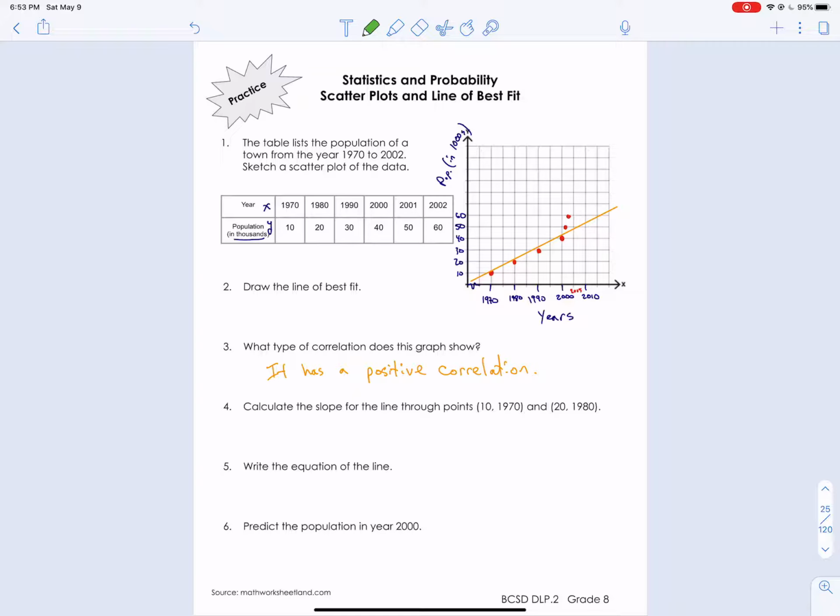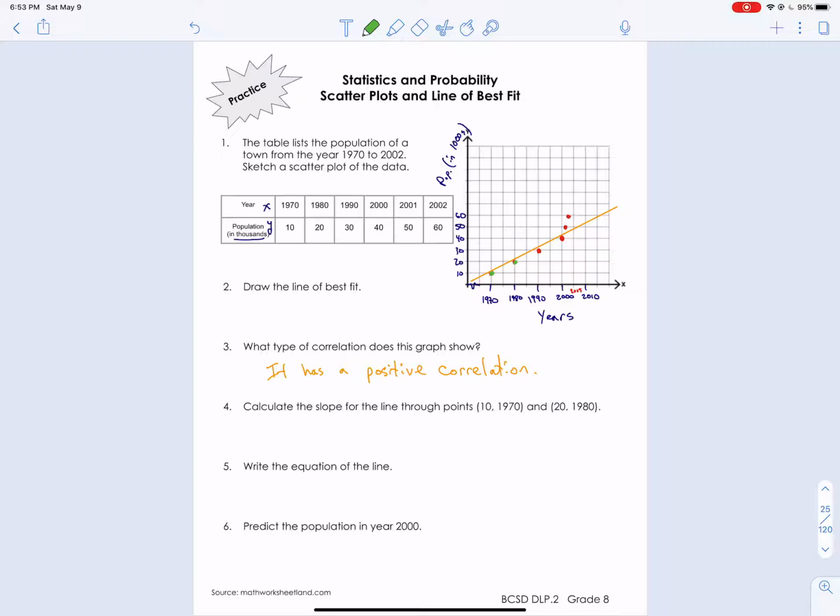Okay, so the 1970, so this point here, I'm trying to put it in green, and then 1980 and 20. So we want the slope between these 2 points, not the line of best fit that we drew.